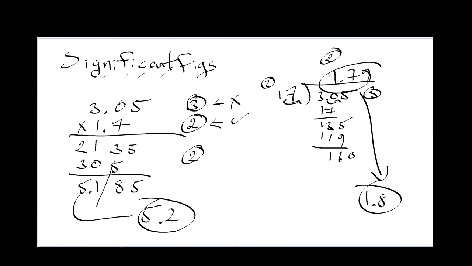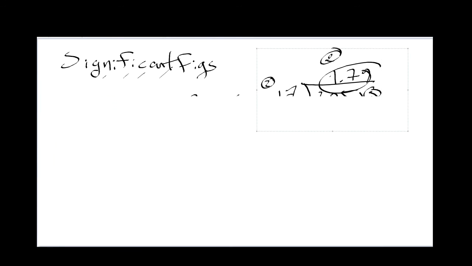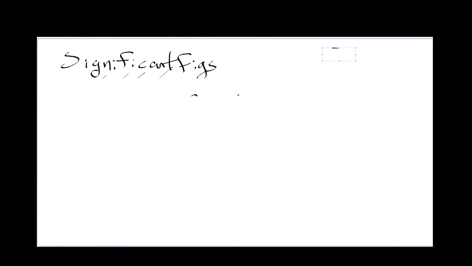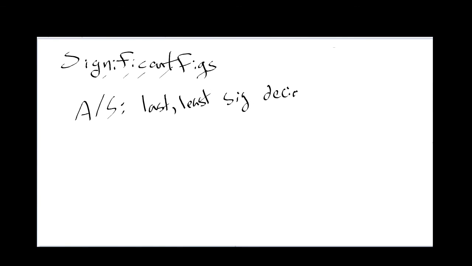So, to reiterate, the rules for significant figures. For addition and subtraction, your cutoff point is the least significant decimal place.